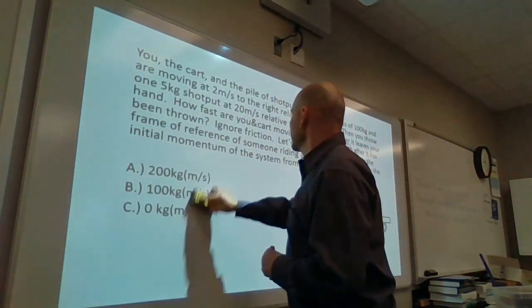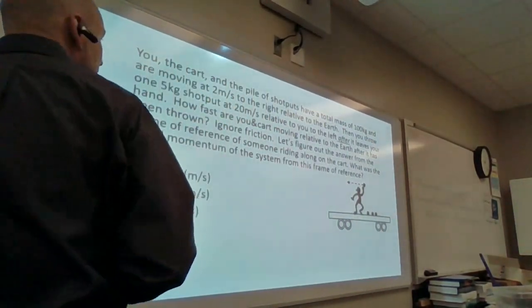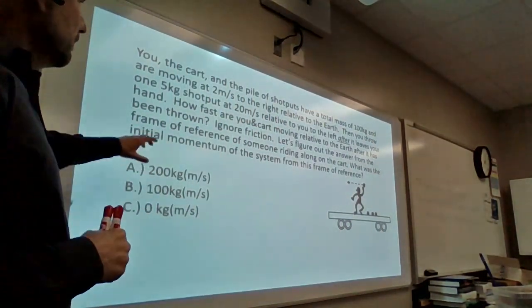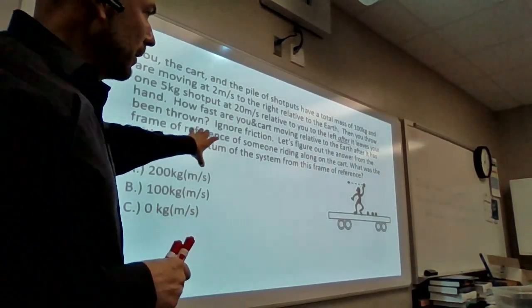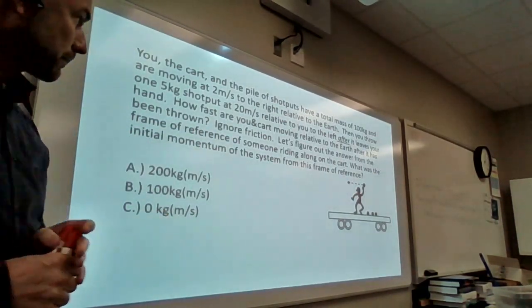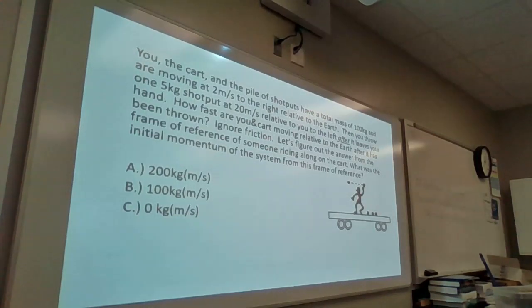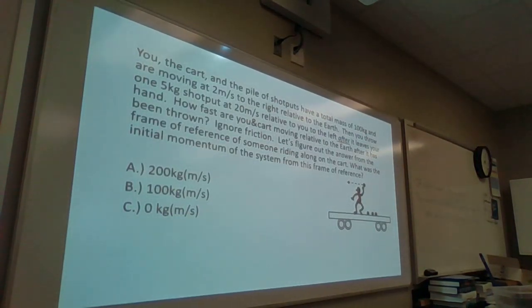So let's look at this from a frame of reference of the cart moving along at 2 meters a second. So everybody go to a C. Okay.